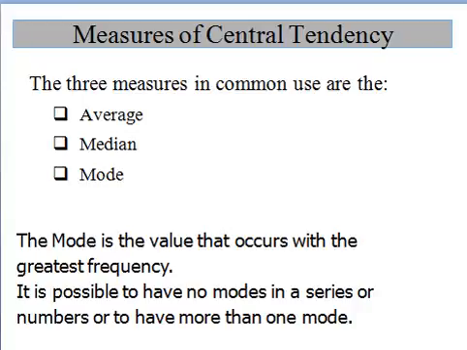Three measures are very commonly used: average, median, and mode. Mode is the value that occurs with the highest frequency, and it is very possible to have no mode in a series, or to have more than one mode.